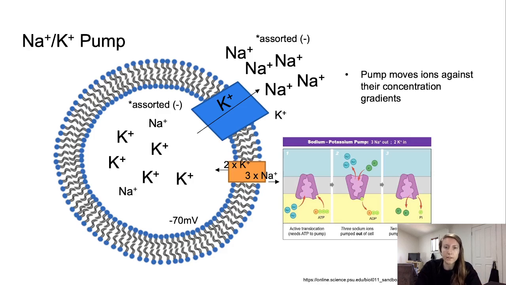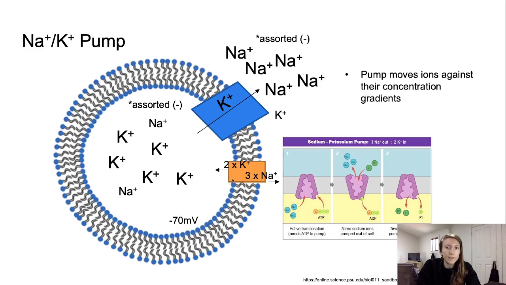The other thing that dictates potential is the sodium-potassium ATPase pump. Now, what this does is it expends energy in order to have ions flow against their concentration gradient. It shuttles 2 potassiums into the cell and then ditches 3 sodiums out of the cell.